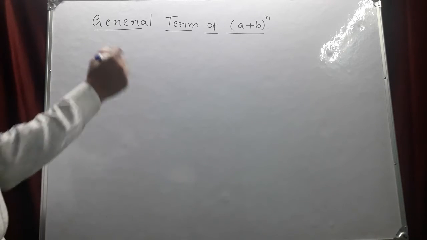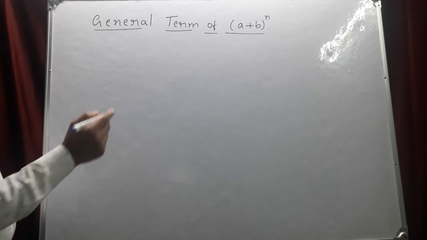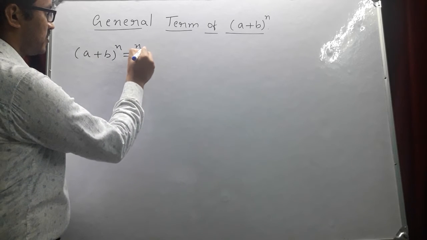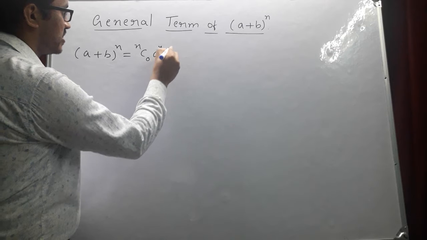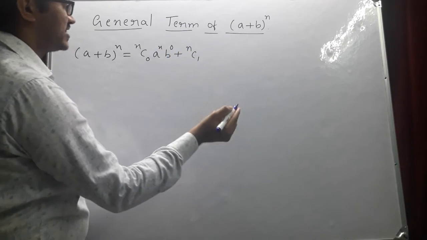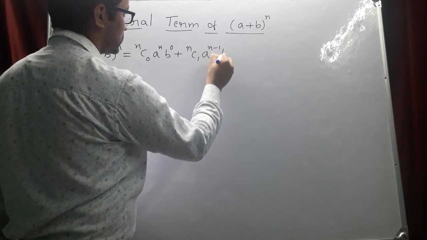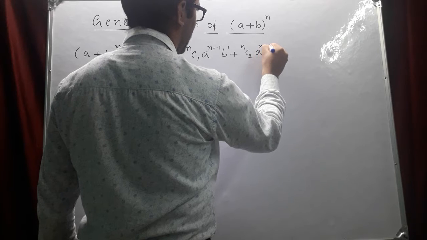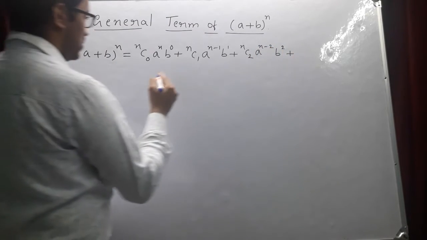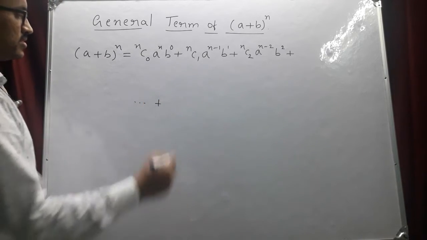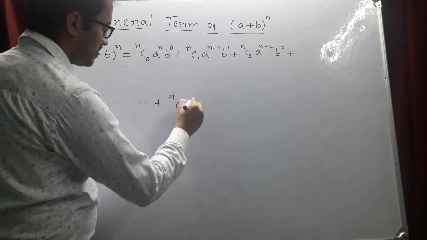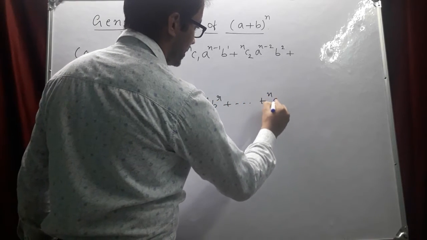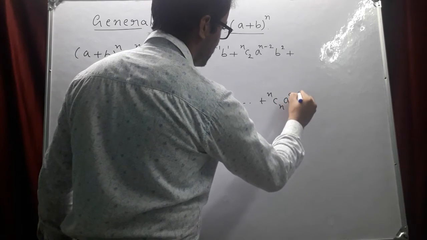In the last class we have seen the binomial expansion of (a + b)^n is given by nC0 a^n b^0 + nC1 a^(n-1) b^1 + nC2 a^(n-2) b^2, and so on, up to nCr a^(n-r) b^r, and the last term is nCn a^0 b^n.